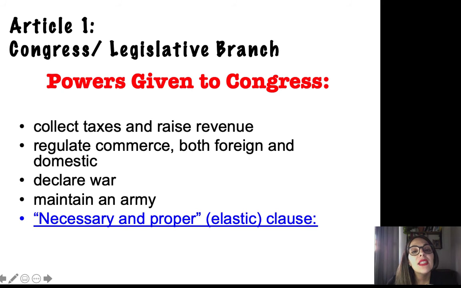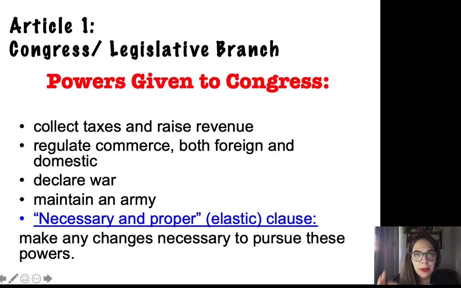Now, because the delegates at the Constitutional Convention couldn't possibly know what could happen 10, 20, 30, 50, 100 years into the future, they had the presence of mind to put in the necessary and proper clause, right? It's also known as the elastic clause.